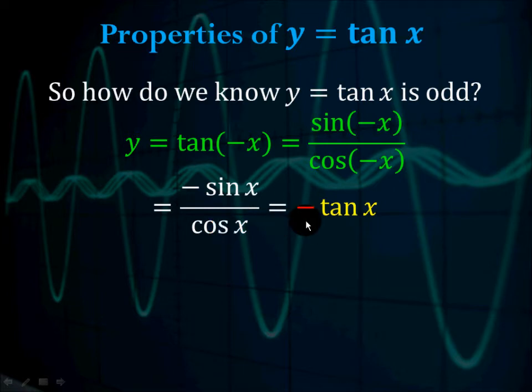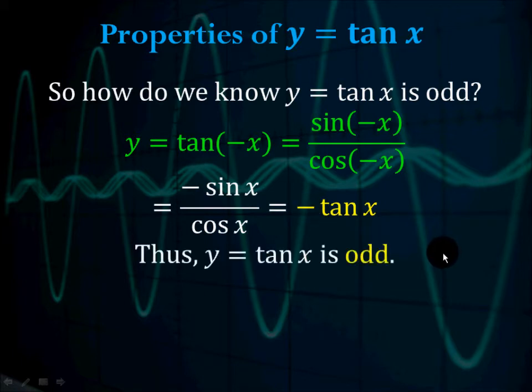So put it all together, tangent of negative x equals negative tangent of x. Therefore, tangent of x is an odd function. So that's how you know. And you can do the same thing with the other trigonometric functions that we're going to explore: cotangent, secant, cosecant. I guess there's three functions.